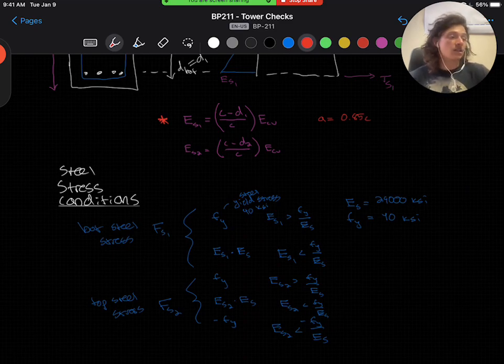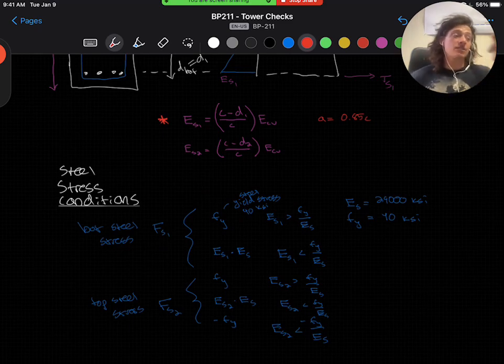If it's less, we will take this as ES1 multiplied by the elastic modulus to calculate the stress. Because we are under the yield stress or the elastic limit, we can assume that the steel stress varies linearly as a function of strain.